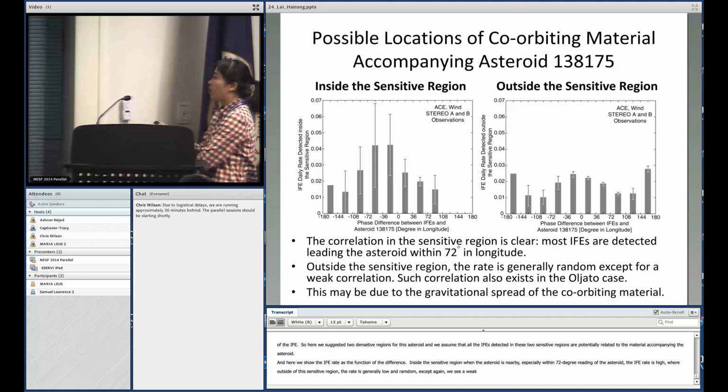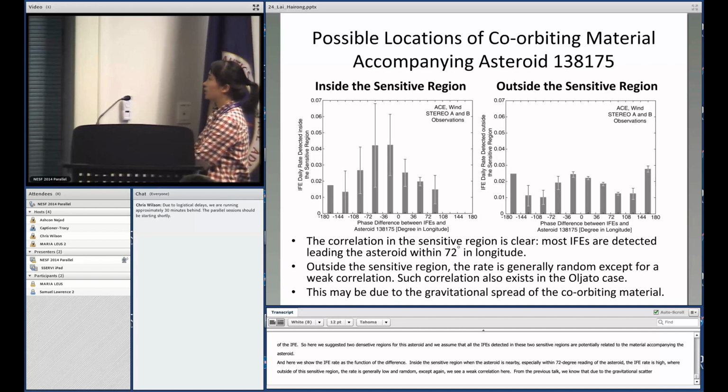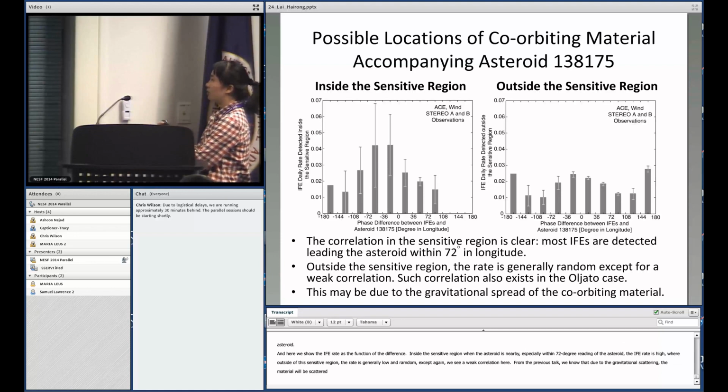From the previous talk, we know that due to gravitational scattering perturbation, the material will be scattered across the orbit of the parent body, and this weak correlation seen outside the sensitive region may be due to this co-orbiting material scattering.